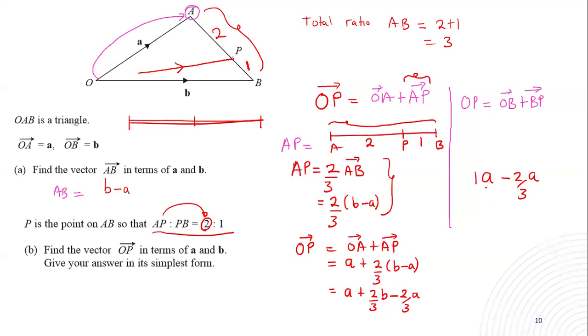So here I've told you there are two things you can do. You can just get your calculator, extract this one and the minus 2 out of 3. So you say 1 minus 2 out of 3, place it on your calculator, and get the answer. So here the answer I'm getting will be 1 out of 3.